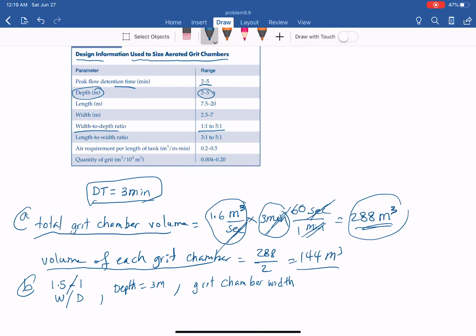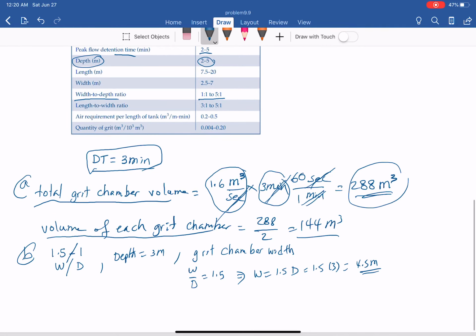Remember, you have width over depth equal to 1.5, and you have the depth, so the width is equal to 1.5 times the depth, and the depth was assumed 3 meters, so 1.5 times 3, the answer is 4.5 meter. So we have the width and we have the depth.